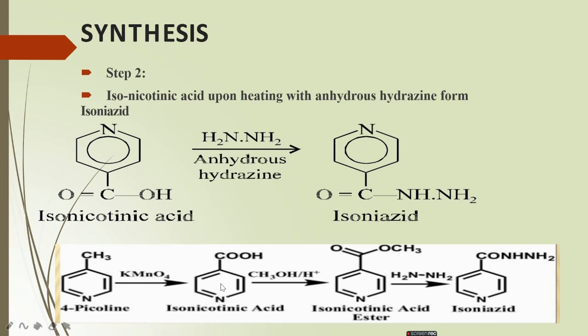It is converted into isonicotinic acid as an intermediate. This isonicotinic acid in the presence of methanol is converted into its ester form, isonicotinic acid ester. This on heating with hydrazine is converted into isoniazide.